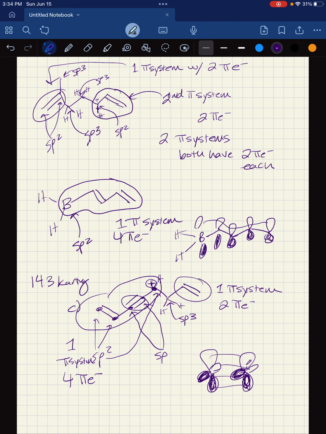And then we'll have a third pi system, which will be the other pi bond of the triple bond. So that'll have 2 pi electrons in it. So we end up here with a total of 3 pi systems. One has 2 pi electrons, a second one has 4 pi electrons, and the third one has 2 pi electrons.